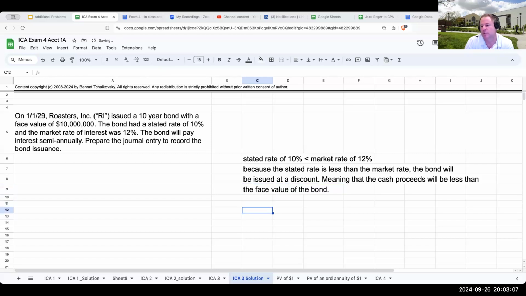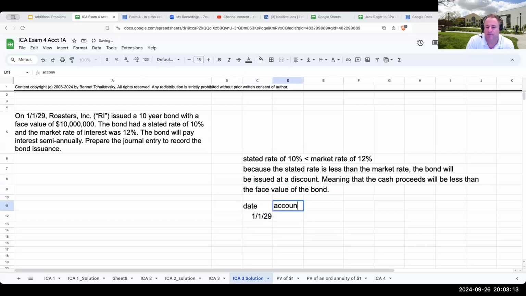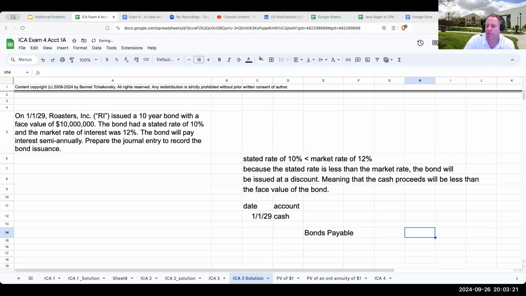So what the journal entry is going to look like if we have a discount: on 1/1/29, I'm going to debit cash and credit bonds payable. When I credit bonds payable, it is always for the face value of the bond, which in this case is $10 million.